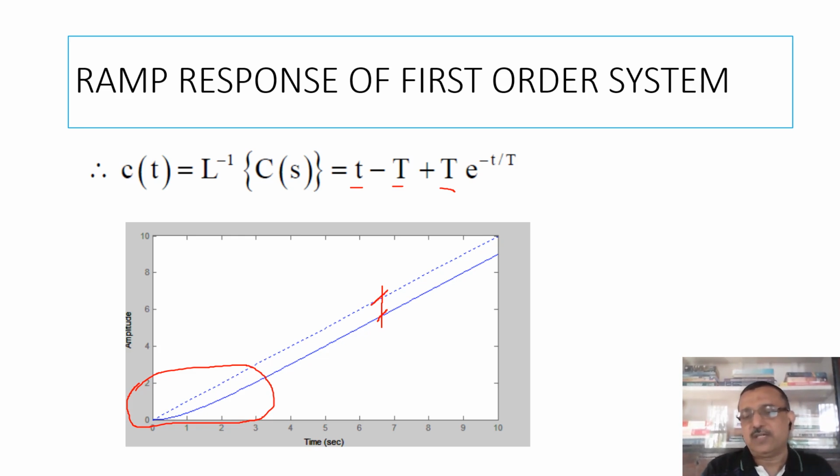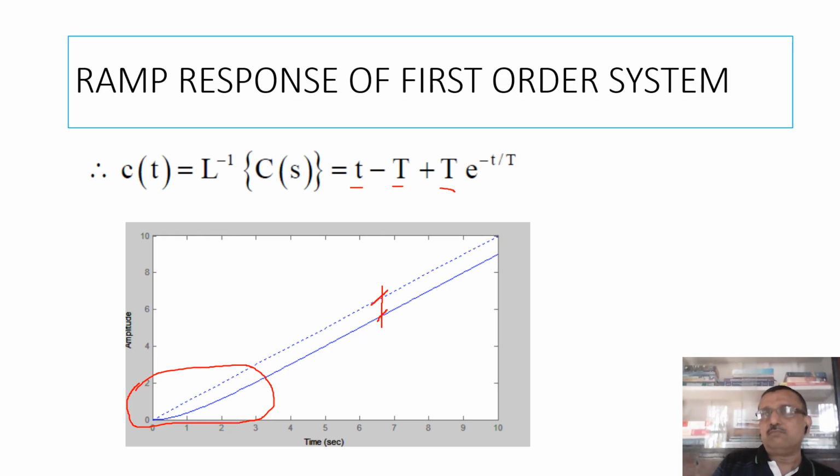If the system is first order and you give a ramp, it will not be able to follow the ramp exactly. Say this ramp input is a command to a control signal, like our water heater. Maybe a more complex system is a boiler in some chemical plant.